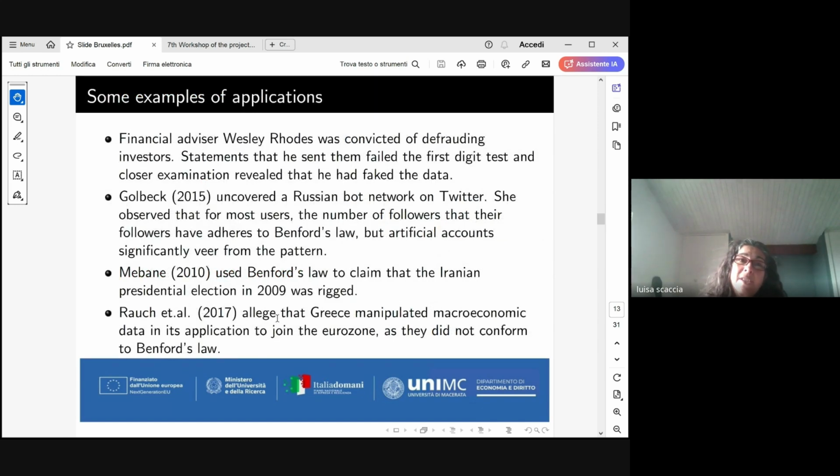So just to give you a few examples of successful applications of the Benford law in the past. For example, the financial advisor Wesley Rhodes was convicted of defrauding investors after the statements that he sent them failed to conform to the Benford law. And after a closer examination, it was found that he actually had faked the data. Another interesting application was to reveal false Twitter accounts.